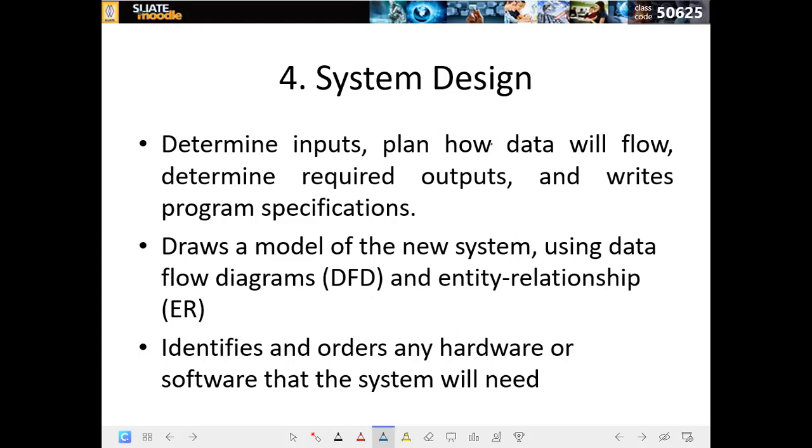In a similar way, for computer applications we are going to design as well. The system designer does that part, or sometimes, even in the IT world, we call them a system architect.